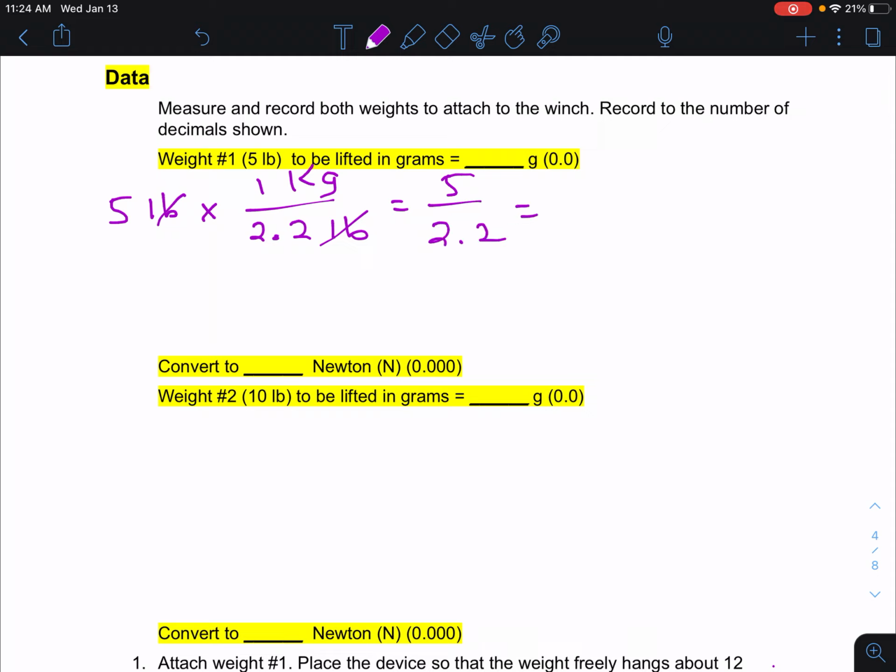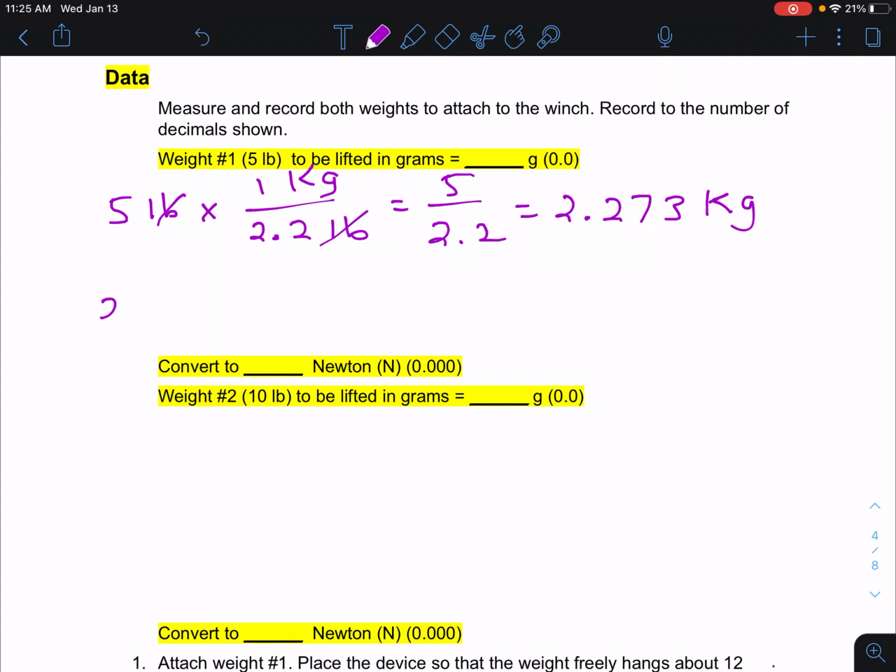You can do that on your calculator and you will get 2.273 kilograms. But we need to find out the force, which takes into consideration the force of gravity pulling on this object. And so we need to convert this to newtons.